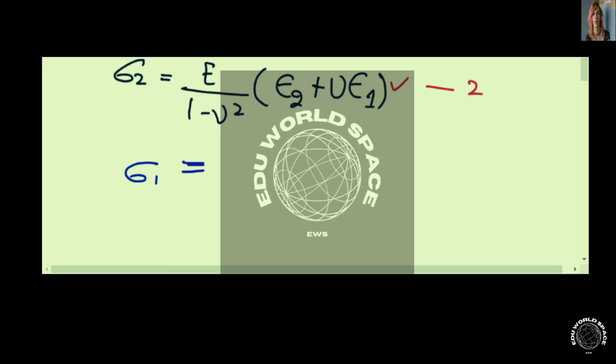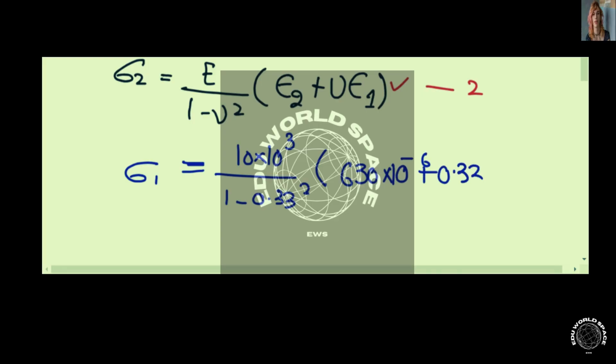So sigma sub 1 is equal to 10 into 10 raised to power 3 over 1 minus 0.33 square, parenthesis, 630 into 10 raised to power negative 6 plus 0.33 into 350 into 10 raised to power negative 6.